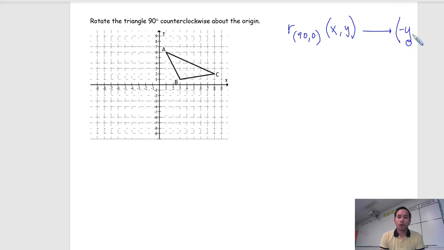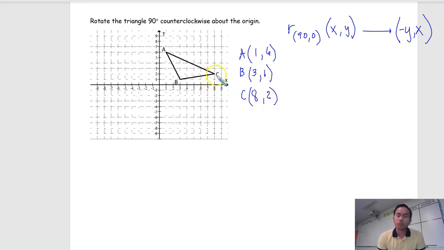We have negative y and x. This is the rule that we'll be using. First is identify the points on your A, your B, and C. So A is at 1, 6, and B is located at 3, 1. And our C is located at 8, 2.